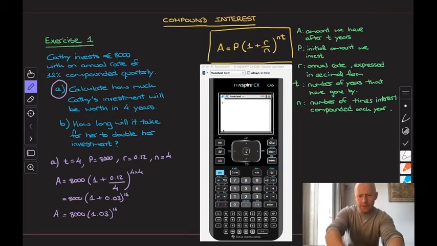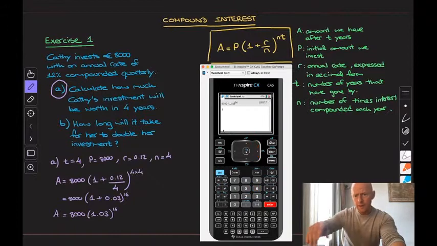Okay, so let's see. With this calculator, I'll go ahead and calculate that. We have 8,000 times, we don't really need those parentheses, but I'm going to type them anyway, 1.03, and that's raised to the power of 16. Oops, not 6, 16. There we go. That's all typed correctly, I believe.